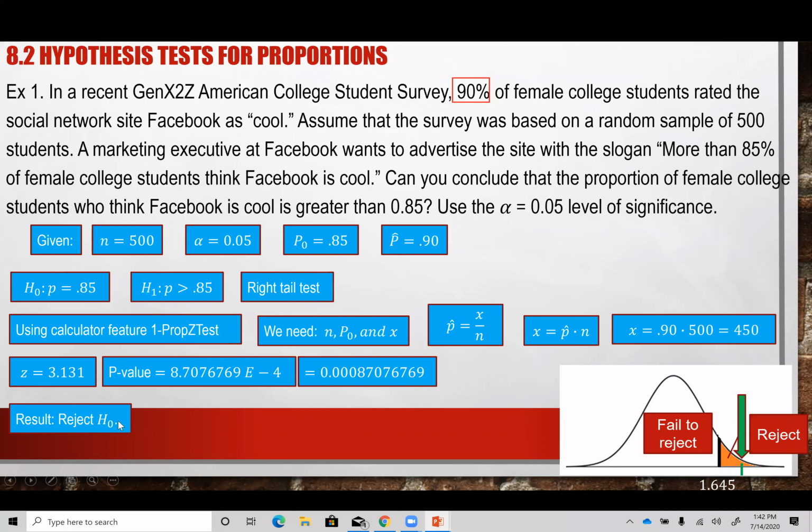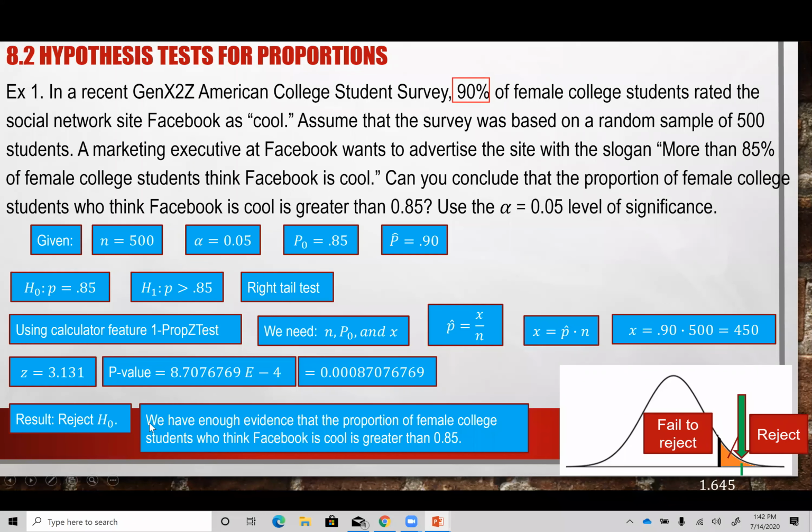We reject, right? And if we reject, we say that we have enough evidence that the proportion of the female college students who think Facebook is cool is greater than 85%. Meaning if they post a slogan, you cannot sue them, and you cannot say, oh, you tricked me, you lied with the number. With this, we can say that they are more than 85%, right?